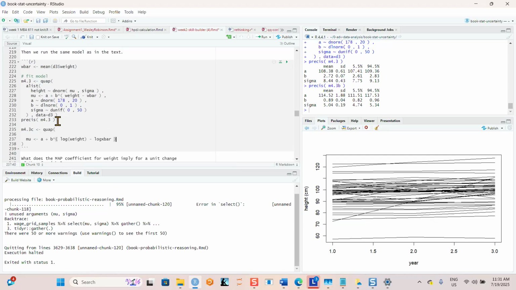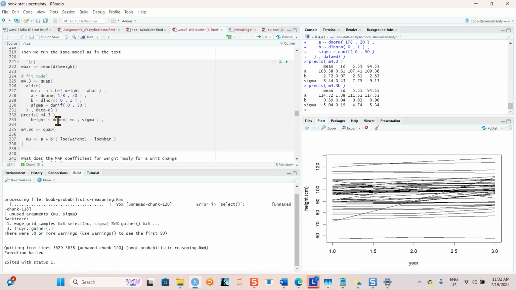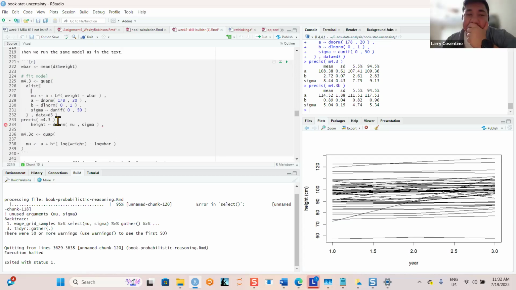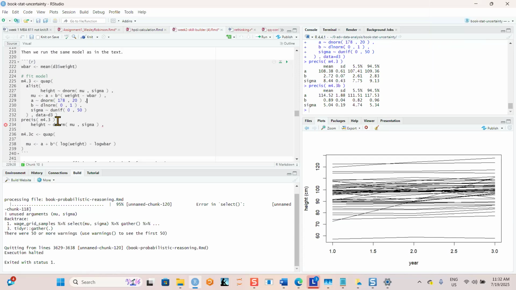We're going to need a log. We're going to call it W bar. And I'm just going to, because I don't want to type anything in. I screwed that up. Okay, good. I don't want to lose any of that. Let's put it back down here.